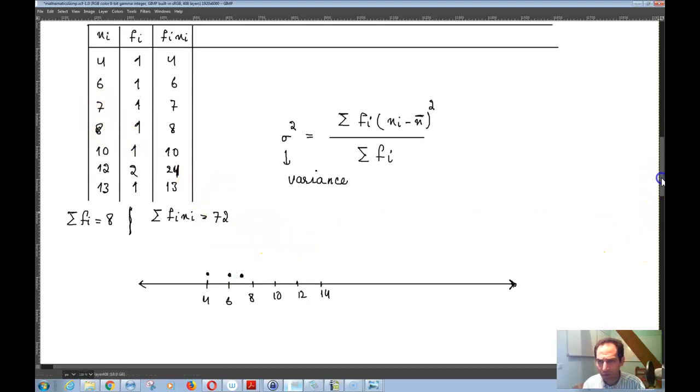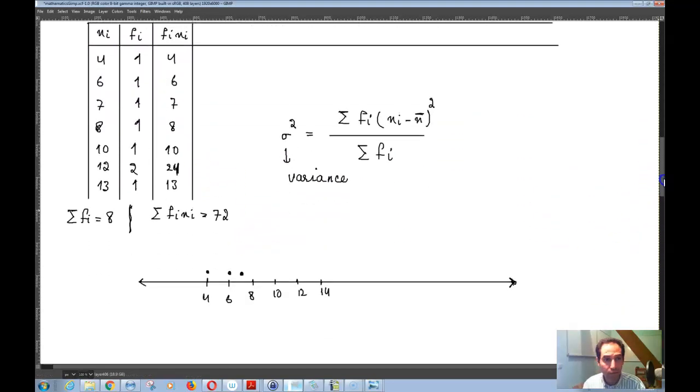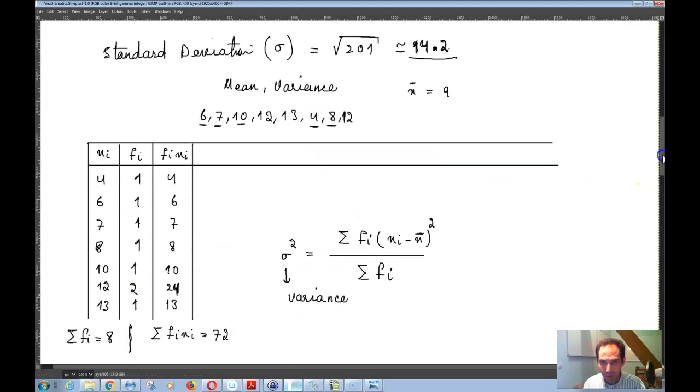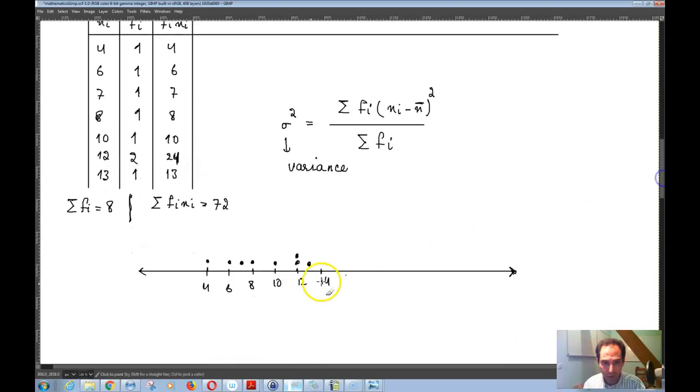I don't think we had 7 over here. We had 7 over here. 8, 1. And you had 10, 1; you had 12, 2, so we have 2 observations here; and you have 13, 1. The mean of this data was 9. X bar was 9, so this is your X bar.